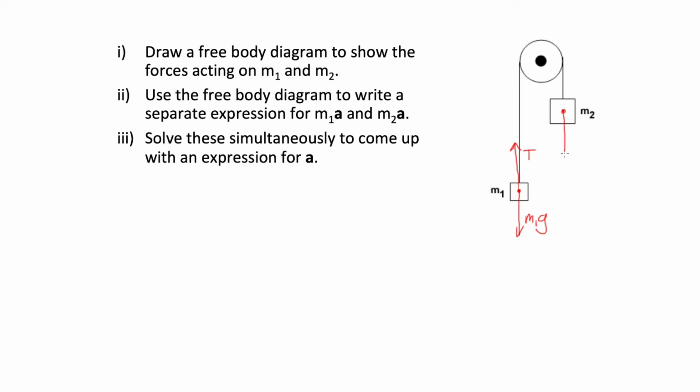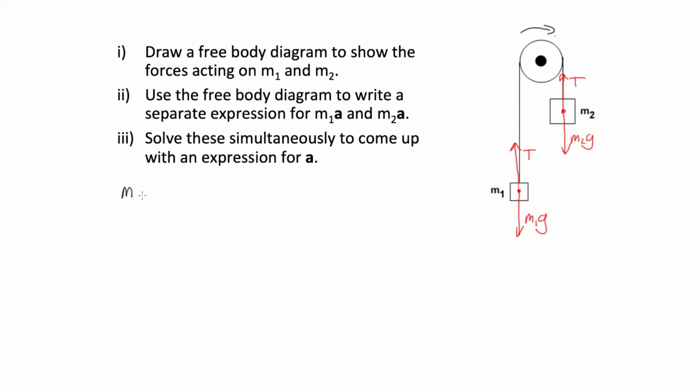M2 similarly has a weight force pulling it down and a tension force pulling it up. Now in part 2, we're asked to use the free body diagram to write separate expressions for m1a and m2a. So let's assume that because m2 looks bigger, this is accelerating this way.